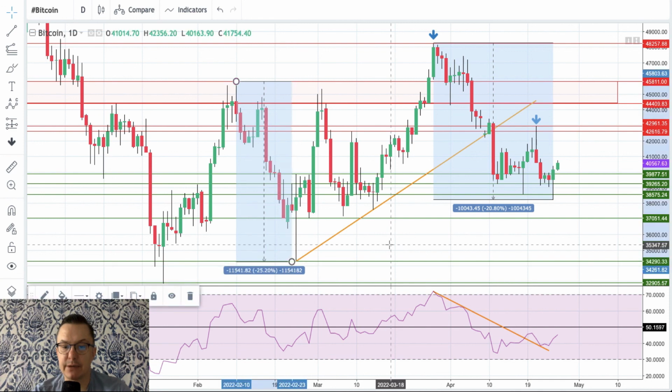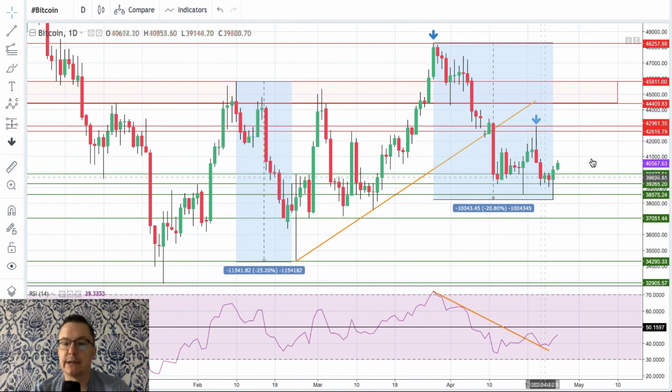So please keep an eye on this level. That scenario is invalidated only when 42,996 is violated, or the supply zone is clearly violated with a candle like, for example, this.